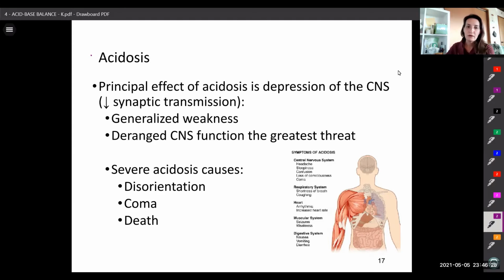So low levels of acidosis, we'd see generalized weakness. More severe acidosis, individual is going to experience disorientation. They might experience coma, and most severe, when we're at the vital limit there, the individual will die. Death will be the severe consequence here.